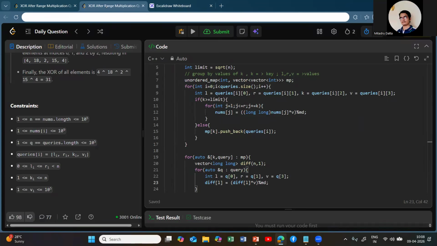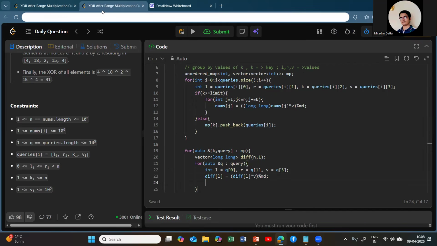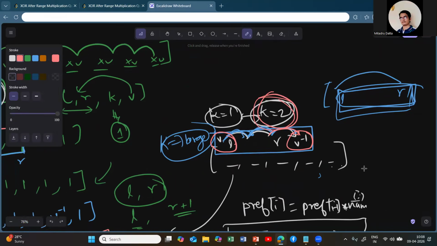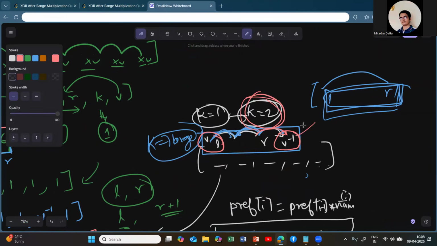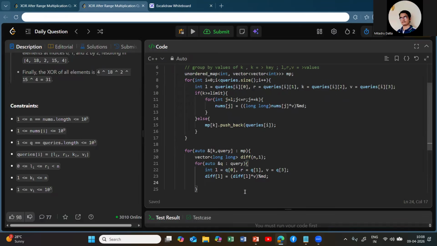After you have taken the mod, you need to find out at which position this V inverse is present. V inverse, at which position should I multiply?